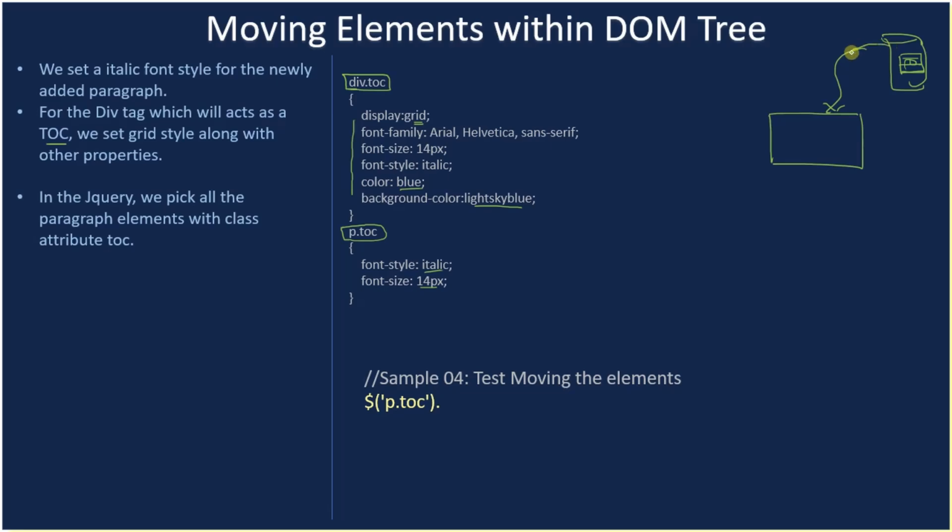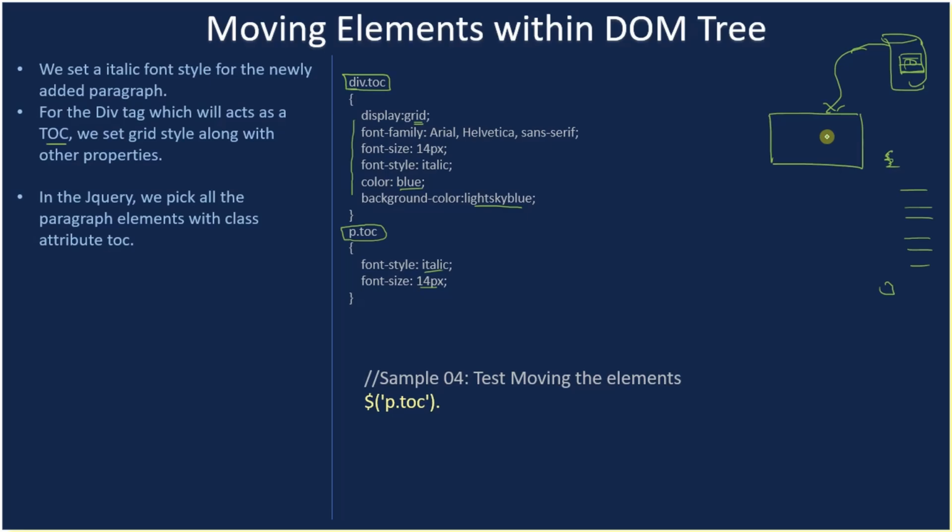From the web server you are picking the document, it is coming here, and when you are rendering that in the browser, on document ready you are running some scripts using jQuery. In that document ready, we are doing the document parsing, and we are collecting all the paragraphs that contain the class attribute TOC, because we want to move all those to the table of content at the top of the document. So that's the manipulation we are doing.